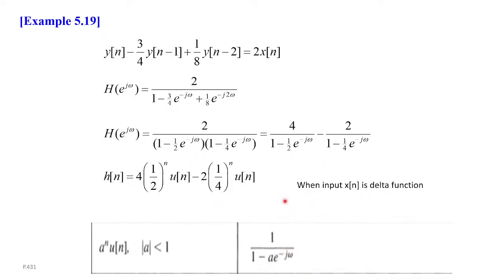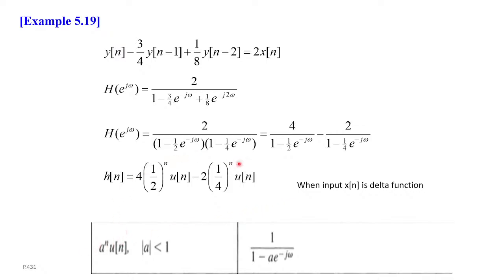The inverse Fourier transform of 1 over 1 minus a e to the minus j omega is a to the n u of n. Don't forget the u of n. So you will get some exponential decay here. Hopefully your system is set up nicely and you get something convergent, so the magnitude of a is less than 1 and you get exponential decay.